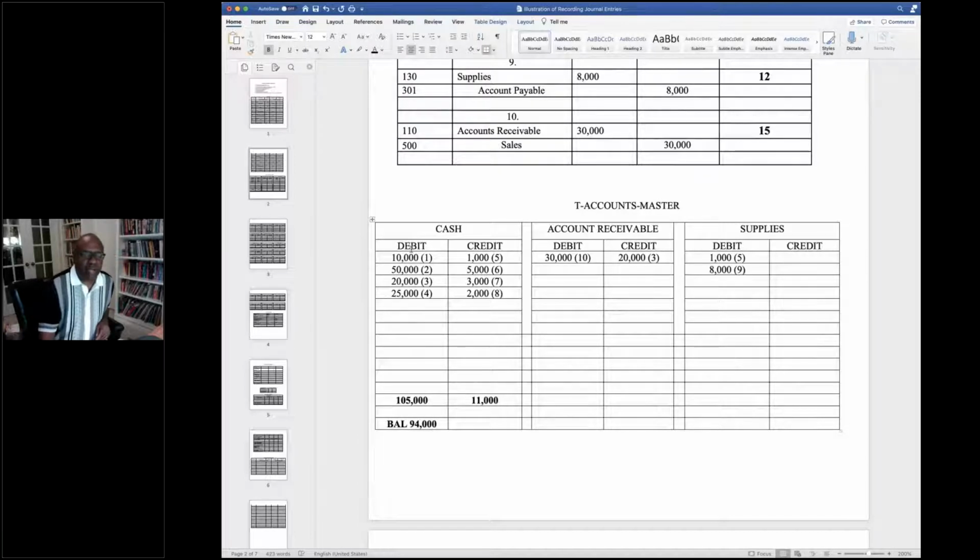So on each account, we add up the debits, we add up the credits, we take the difference, and we put that balance on the side of the larger. If the debits are larger, it's going to be on the debit side. If the credits are larger, it's going to be on the credit side. And we know that for the assets, the balances typically need to be on the debit side. In accounts receivable, we only had 2 transactions, so we're going to come down and put this balance in of $10,000.